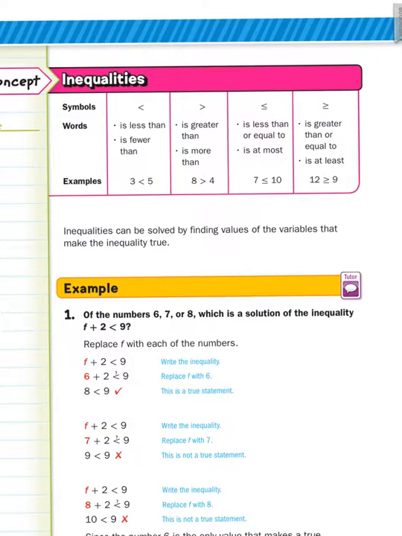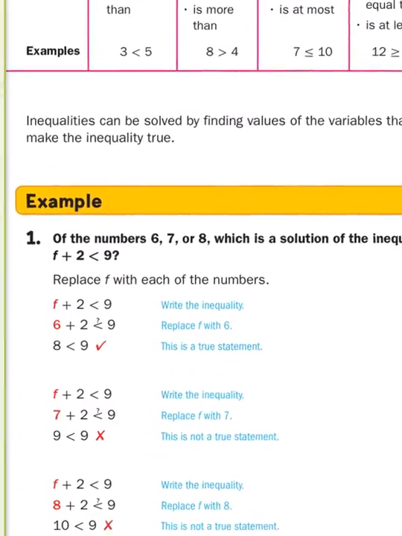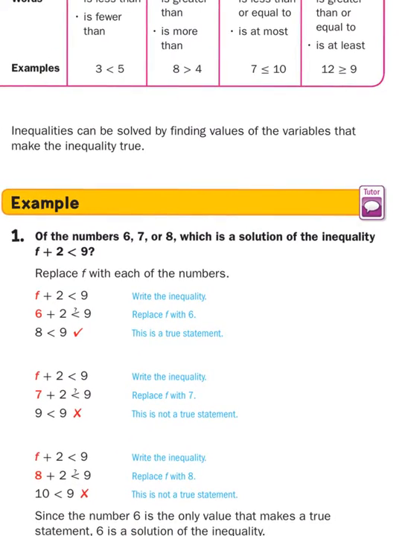Now, in example 1, we're going to show you how to solve an inequality. So let's start here. It says, of the numbers 6, 7, or 8, which is a solution to the inequality f plus 2 is less than 9? I'm going to go over this one, and I'm going to tell you the big mistake people make.